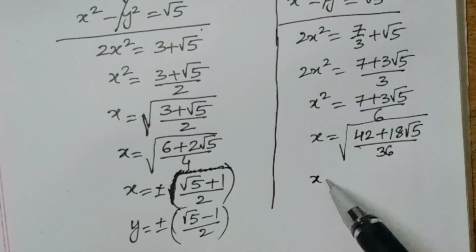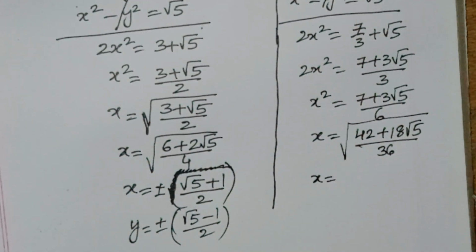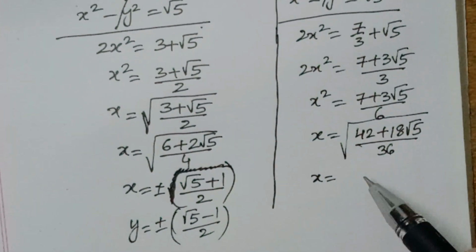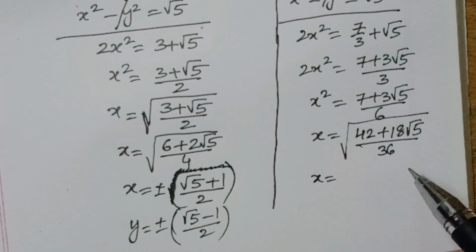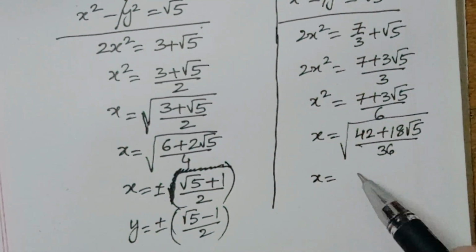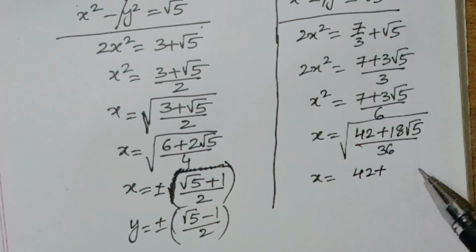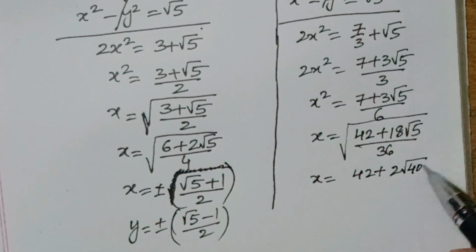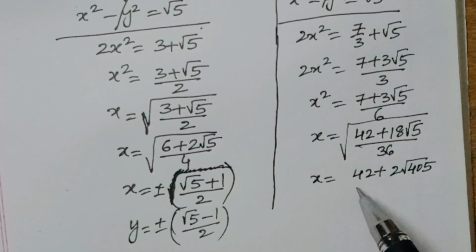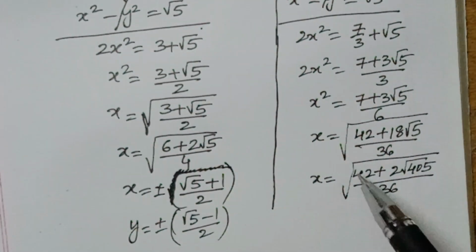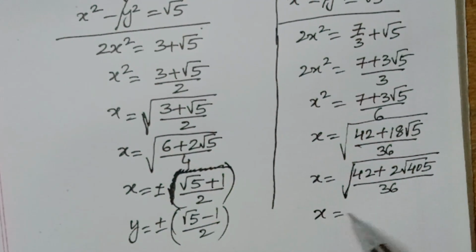So here x is equal to, 42 you can write it as 42 plus 2 root 405, by 36. So here if you find the factors somehow, what will we get?